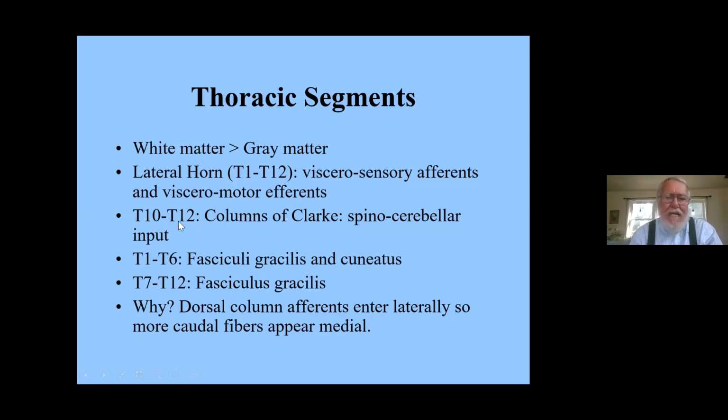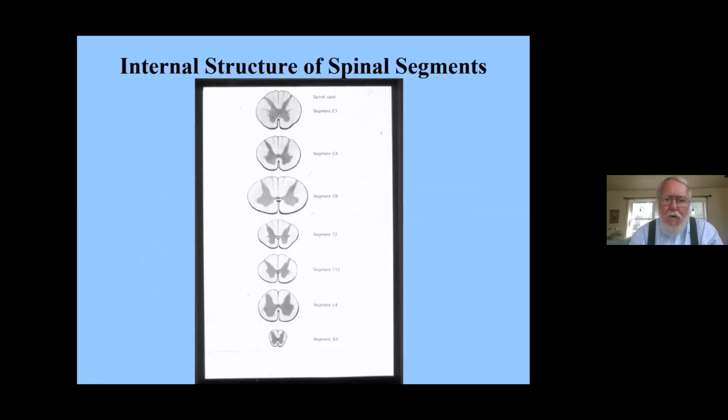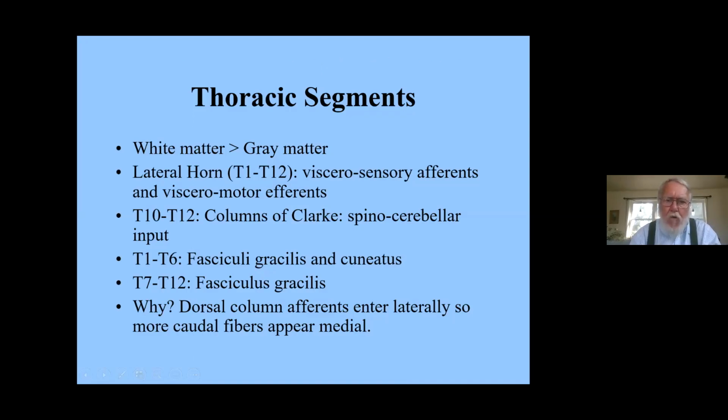And then in T10 to T12, what basically starts is right down around here, and here, what you're going to have in the intermediate part of the spinal cord is something called the columns of Clark, with an E. And it is here where spinocerebellar input comes in.